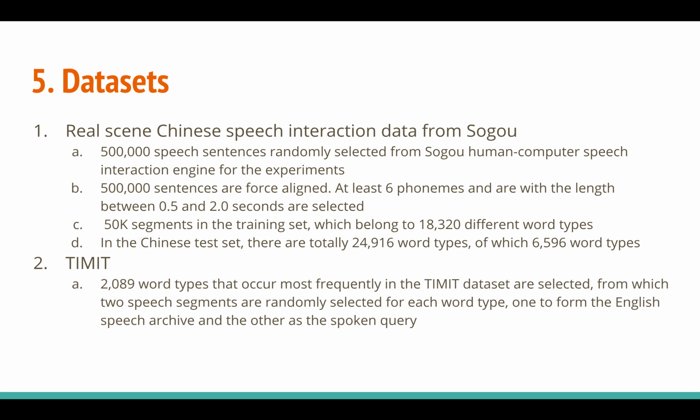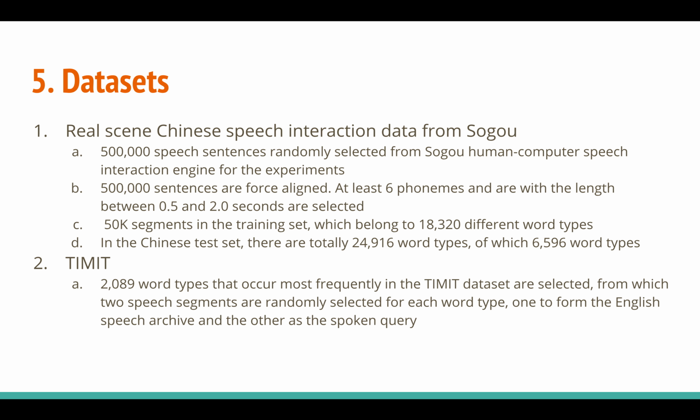They consider words which have more than 6 phonemes and are in the range of 0.5 to 2 seconds. After filtering, they get 50,000 segments which are words for training, covering almost 18,000 different words.